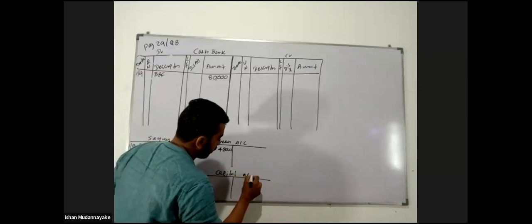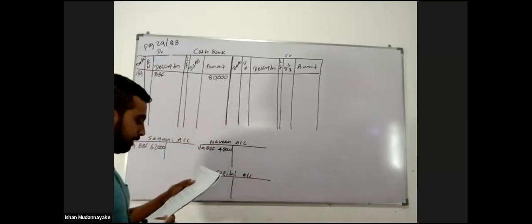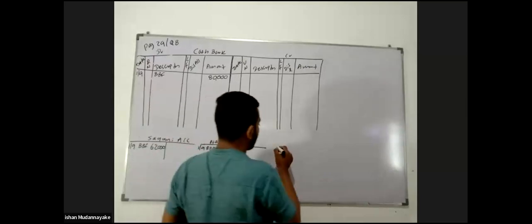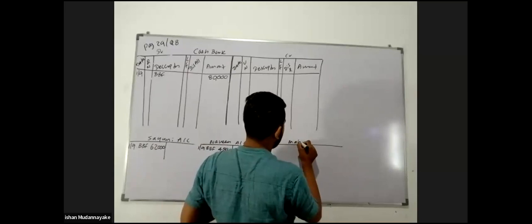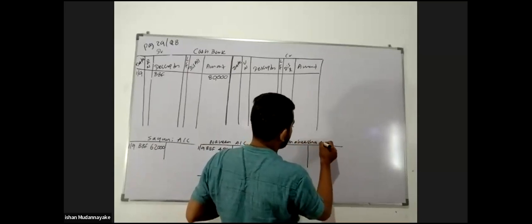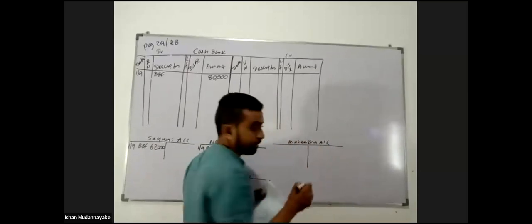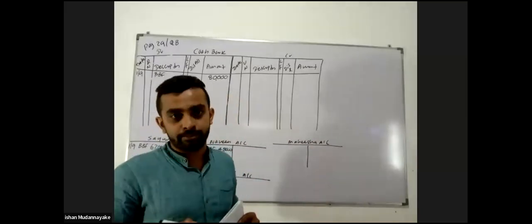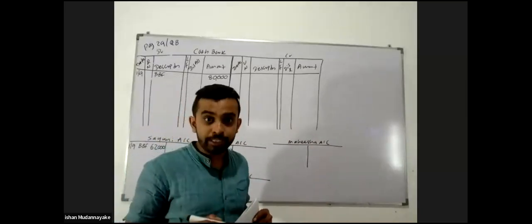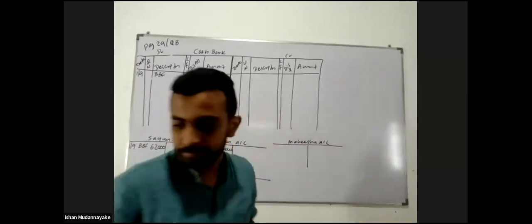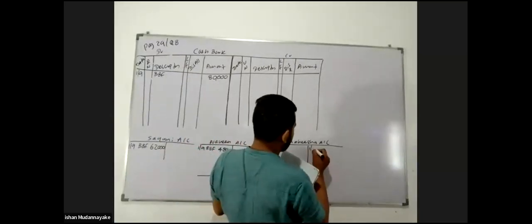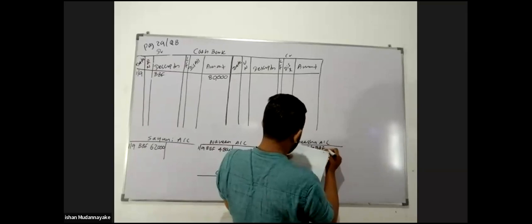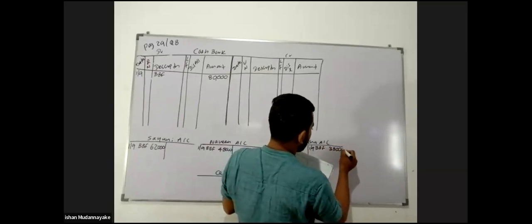Capital account, we'll calculate. And then Manisha, one of the suppliers. Manisha account, balance brought forward on the credit side for September, 38,000.